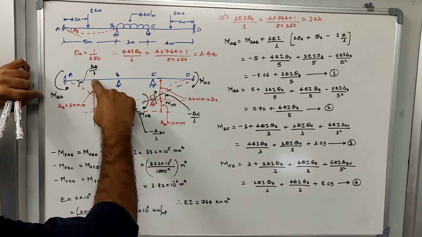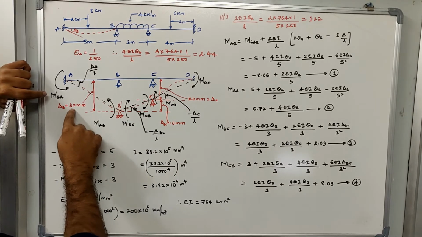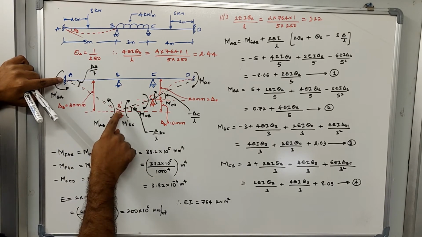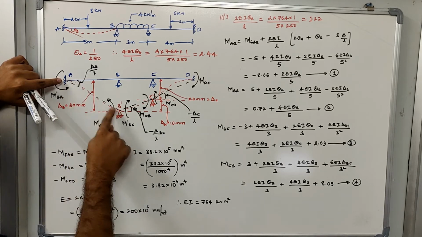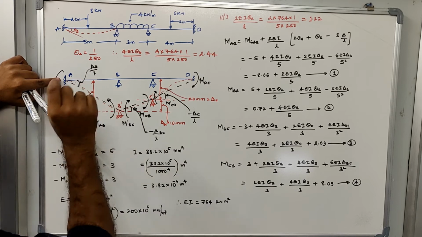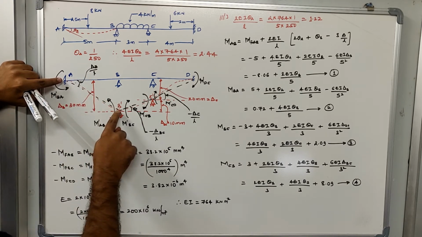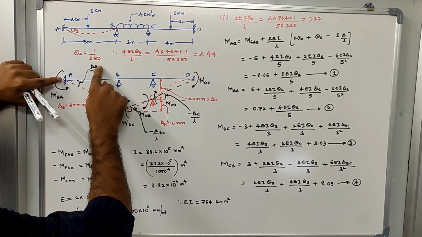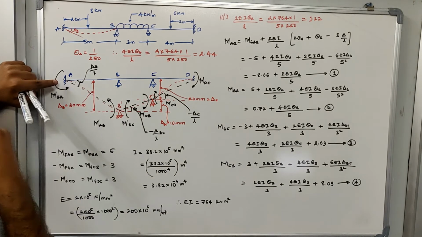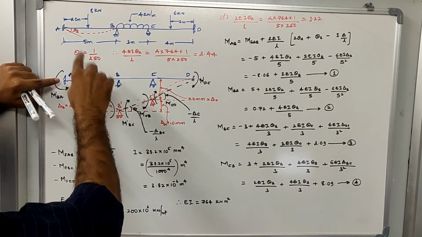I am calling this 30 mm as delta B. Delta B is 30 mm. So when you are calculating the slope deflection equations for MAB and MBA, you have to substitute delta B by L, and which should be positive itself. I have explained earlier why it should be positive.